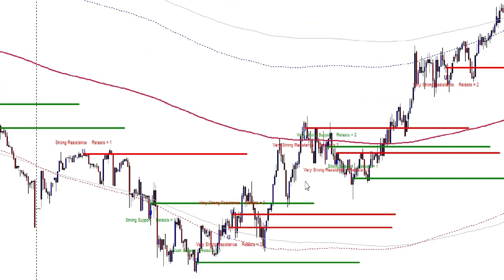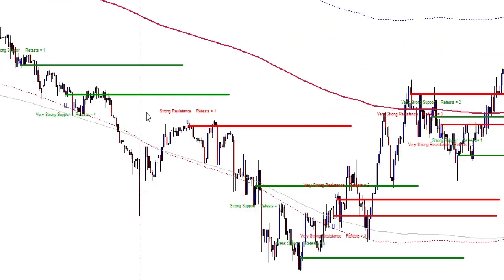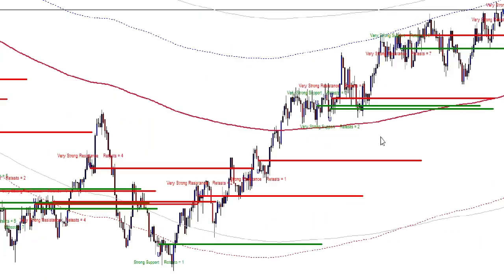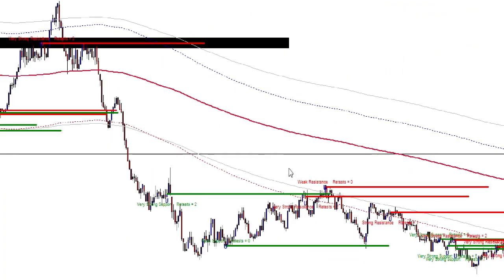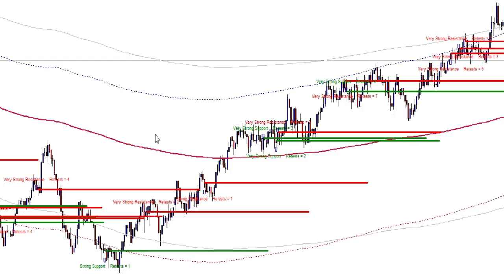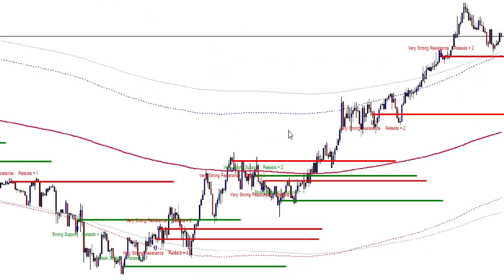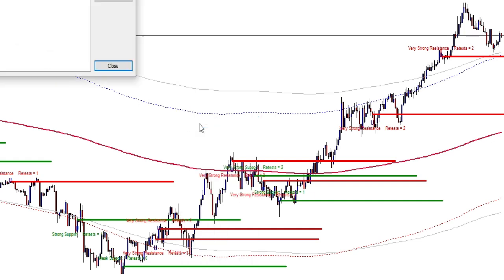We have the support, the strong support label, and the weak support label here. Also we have the very strong support with the retest of 2. So that's how this indicator is designed. We'll be using this indicator to make analysis of our chart.